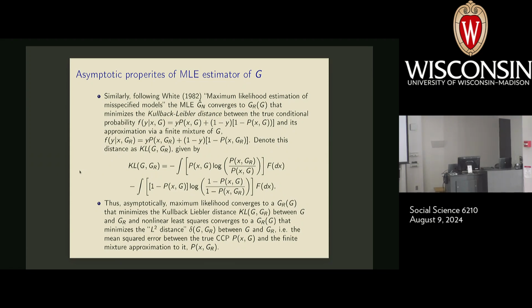So maximum likelihood is equivalent to finding a G of R, a finite mixture, that minimizes the Kullback-Leibler distance between it and the true G, which could be anything, and here's the Kullback-Leibler distance. If you actually calculate this, and I will do that in a minute, they're very similar. Least L2 and Kullback-Leibler give you very similar results for G of R.